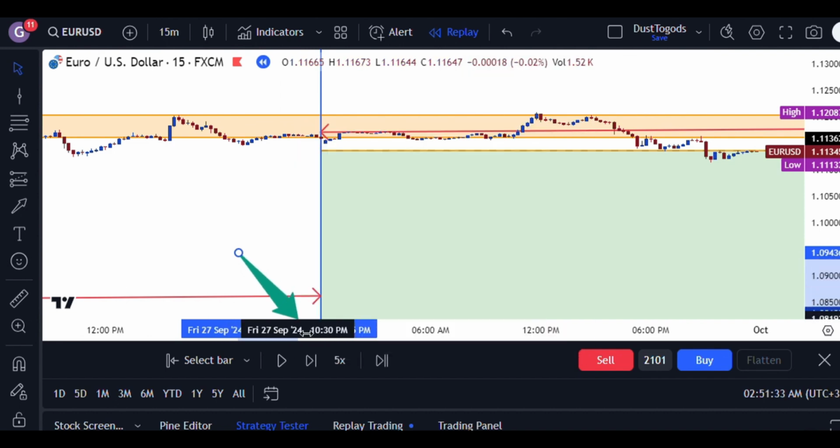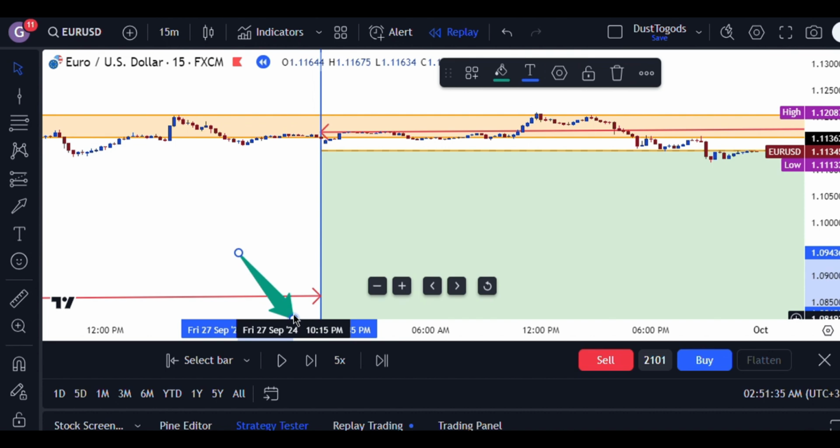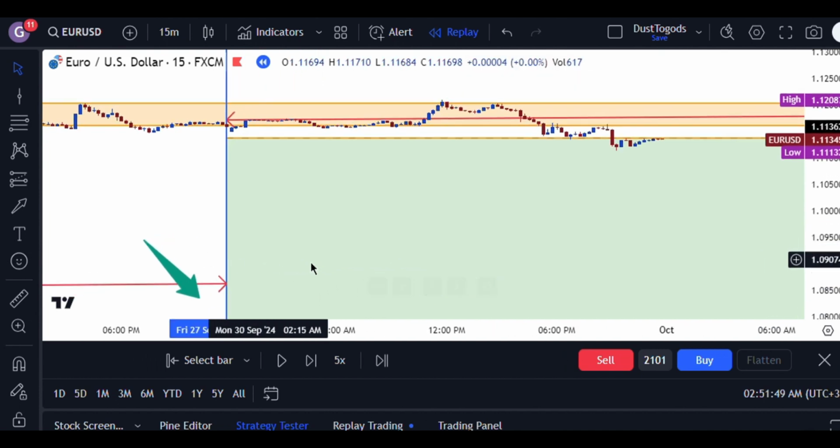Watch this, guys. You have to look at the date here. The previous day was the 27th of September 2024. Now we want to sell on the 28th of September.